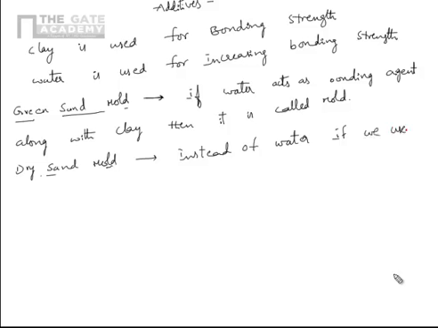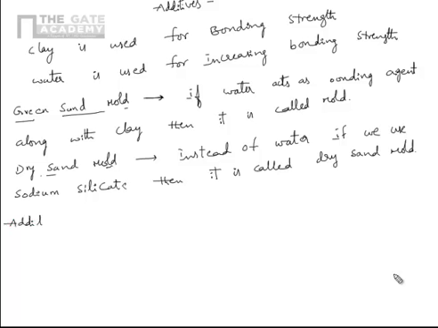Instead of water, if we use sodium silicate, then it is called dry sand molds. So this is a major difference between dry sand molds and green sand molds.